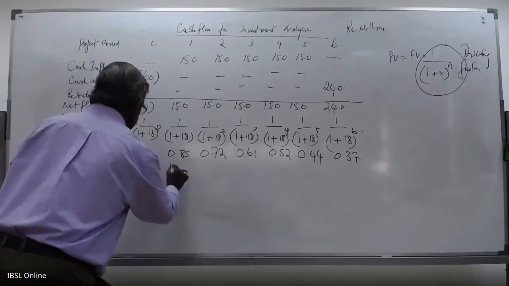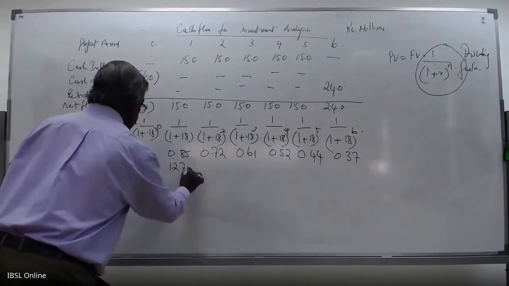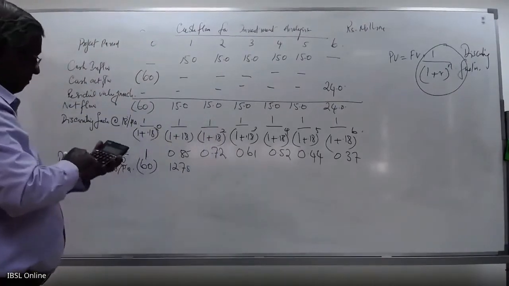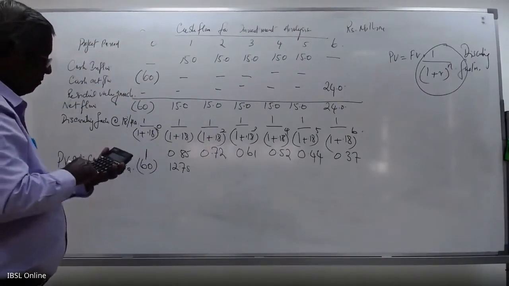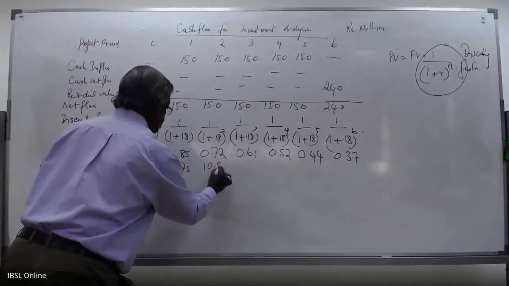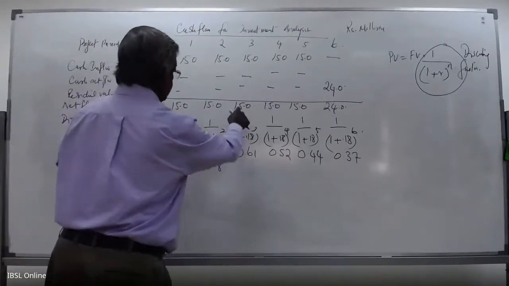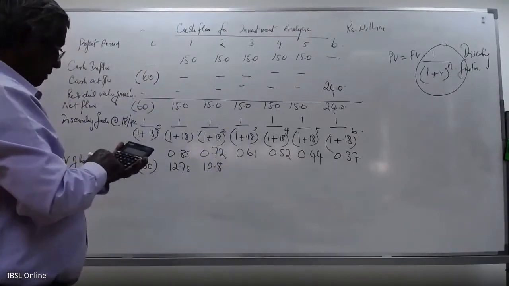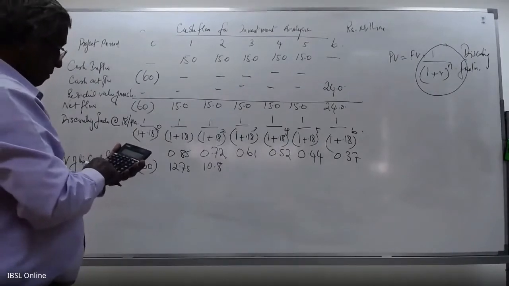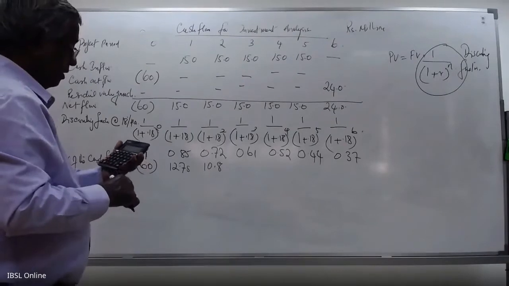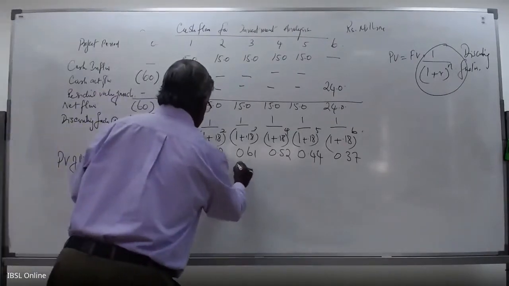12.75. Again 0.72 multiplied by 15, 10.8. Again multiply 15 by 0.61, 9.15.